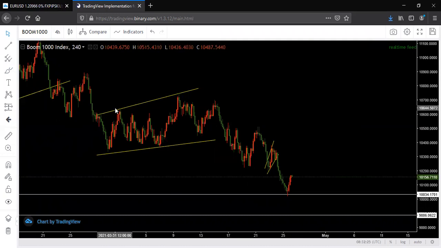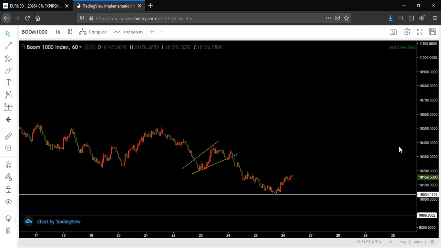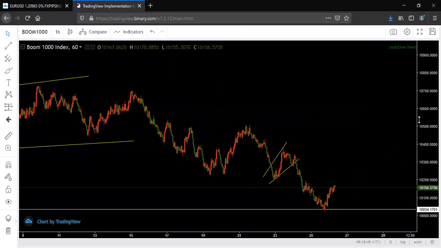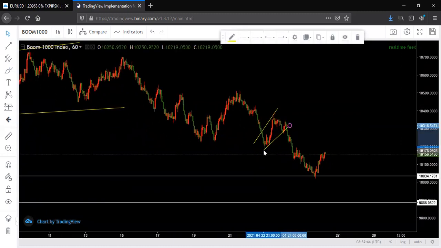So what are we going to do here, guys? We are going direct to the H1. So you see, guys, this is H1. So now on this time frame, you can see the good picture.